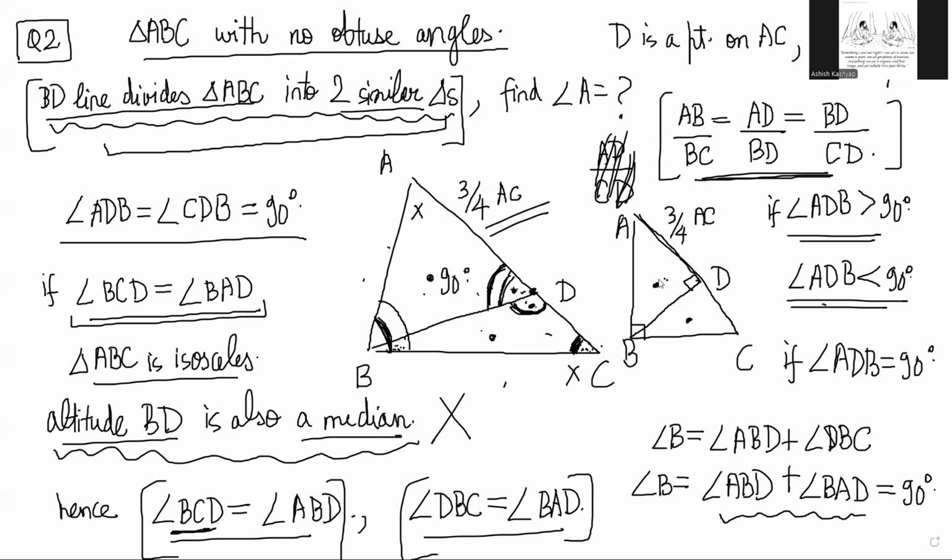We have done similarity of ABD and BCD so far, and from there we got this. We can also do similar triangles for ABD with the ABC, right? Do you understand that they will be similar? So that's what I will write next.